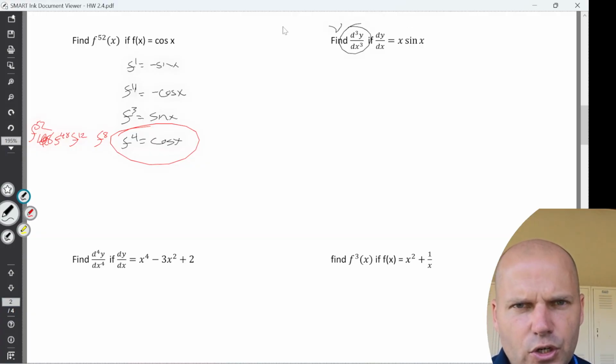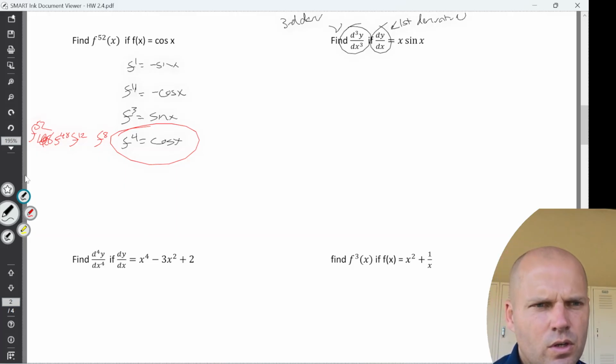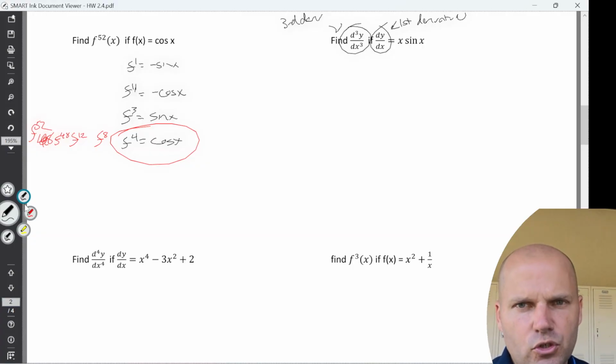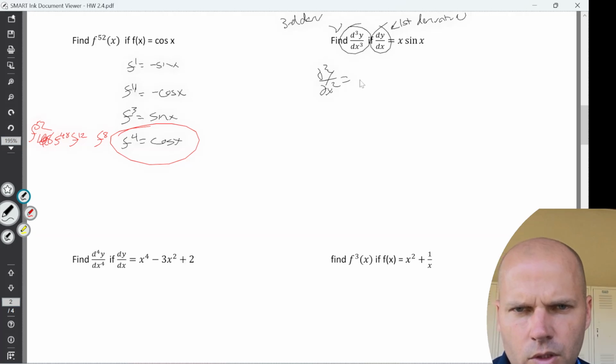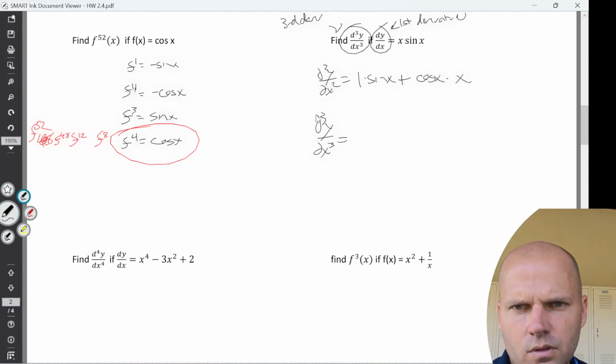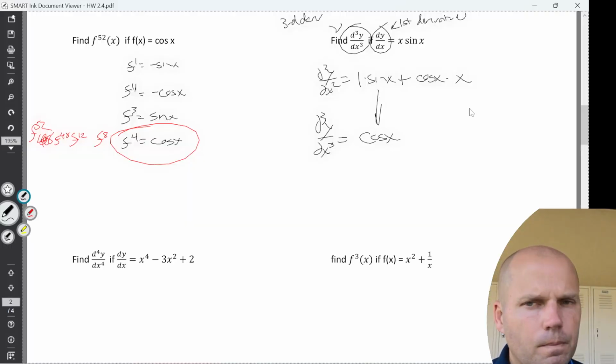Notation, this is the third derivative, but we already have the first derivative, which means we just have to find the slopes 2 more times. Slopes of the first times the second, plus the slopes of the second times the first. Now, slopes of sine or cosine, cool.